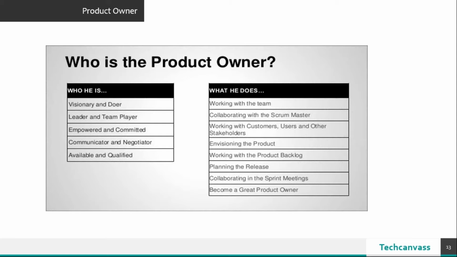And eventually, they need to have good communication skills and negotiating skills as well, because that's how you'll be able to pass on your vision to the marketing team as well as the development team. You need to make your business analyst or the development team understand what the requirement is, so you need very good communication skills in that case.